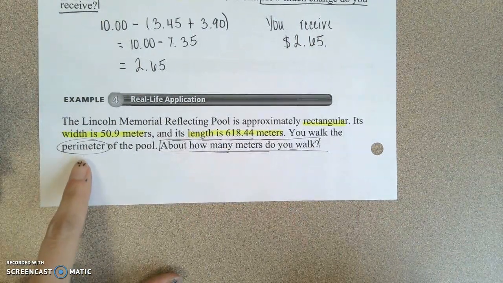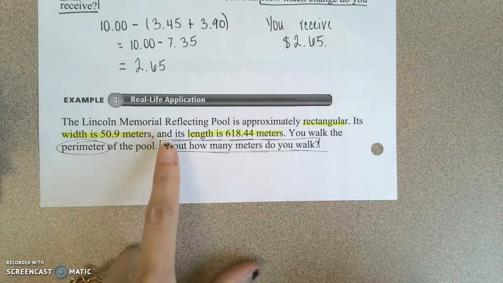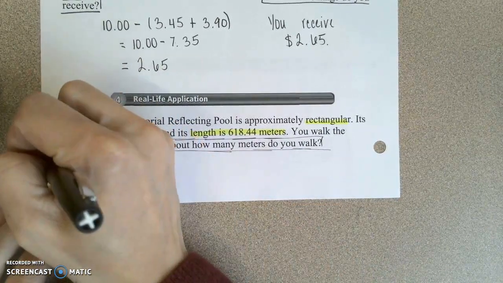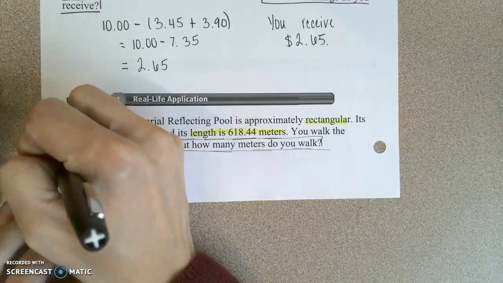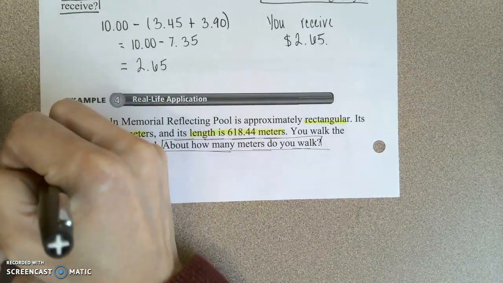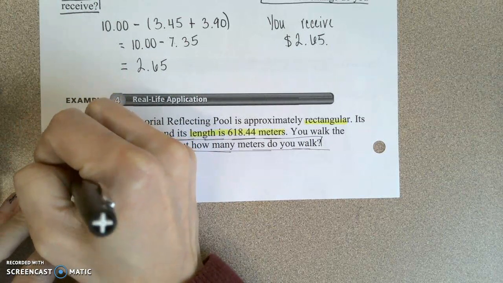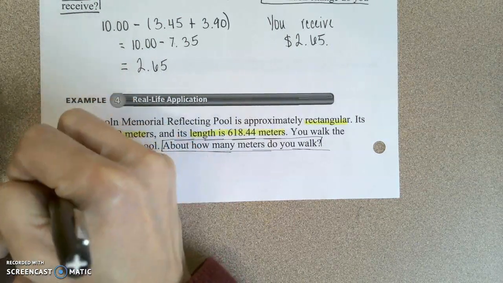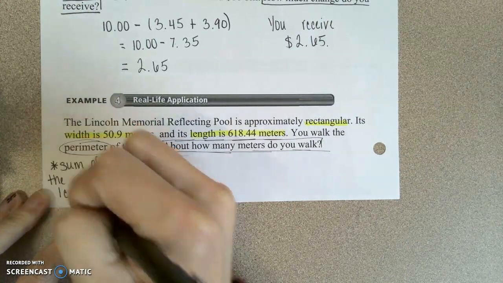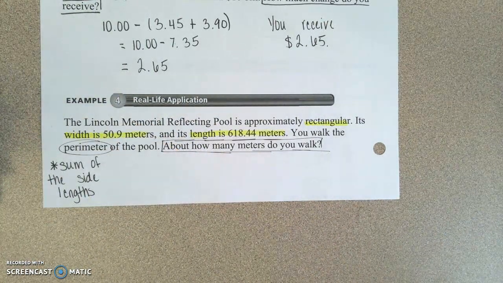You're going to walk the perimeter of the pool, and we're going to figure out about how many meters you walk. If we're looking at the perimeter, that means we're taking the sum of the side lengths.